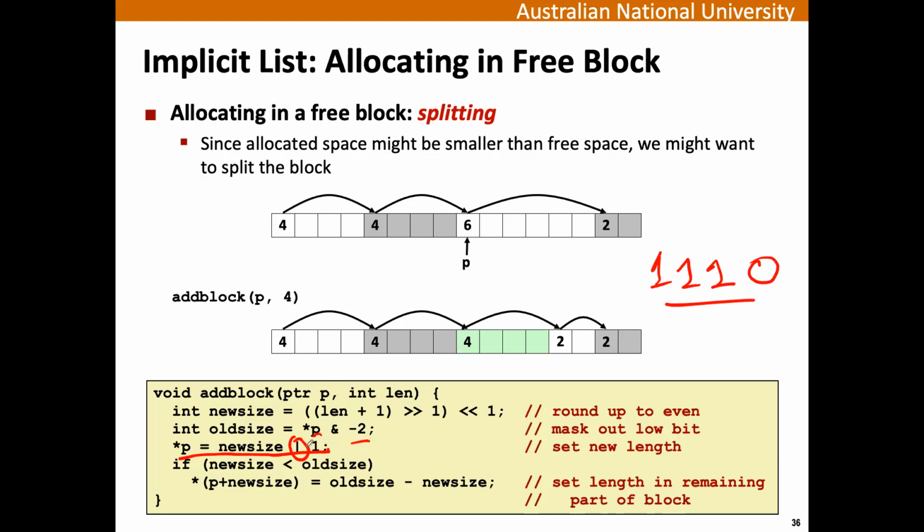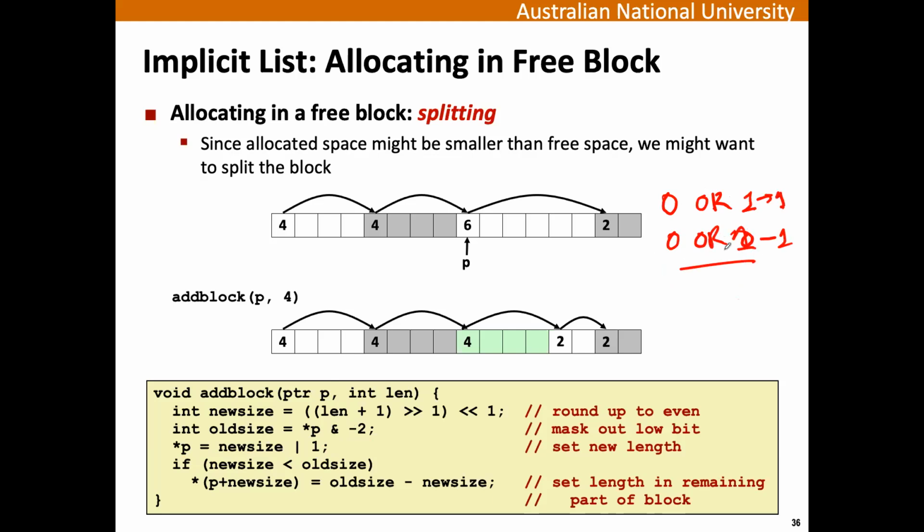And when you do a bitwise OR, when you do an OR of any bit, 0 or 1, with 1, you always get a 1. So this is the way to set the allocate flag.